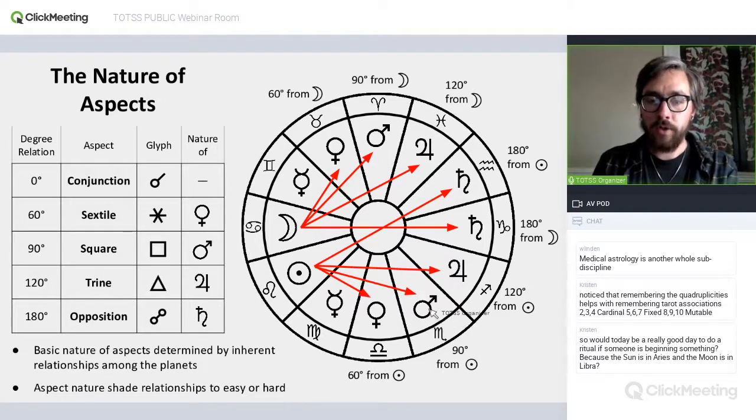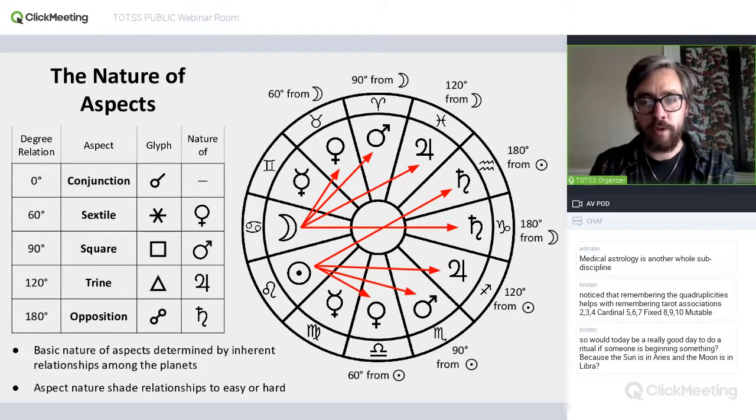And then Mars in Scorpio is square to Leo, and Mars in Aries is square to the moon in Cancer. So Mars will be identified with the square relationship. Then Jupiter in Sagittarius is trine to Leo, and Jupiter in Pisces is trine to Cancer. So the trine relationship gets identified with Jupiter.